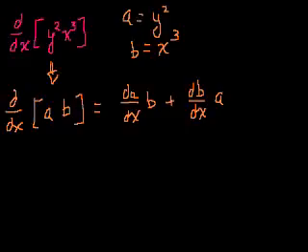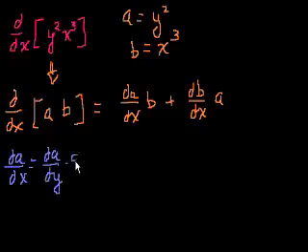So the derivative of a with respect to x, and this is where we get into the chain rule. The derivative of a with respect to x is equal to the derivative of a with respect to y times the derivative of y with respect to x. Right? This is just the chain rule. Look, these dy, in the denominator and the numerator, they'll cancel out.